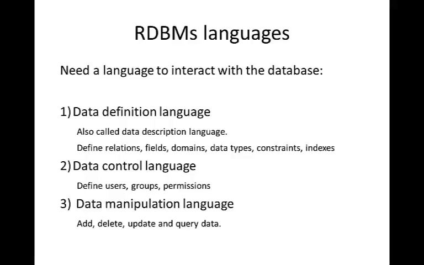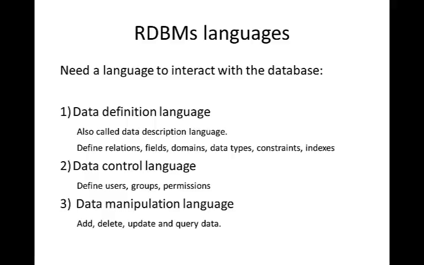You require the language to be able to do 3 different types of things. You need to be able to define data in your database, so you need a data definition or data description language.